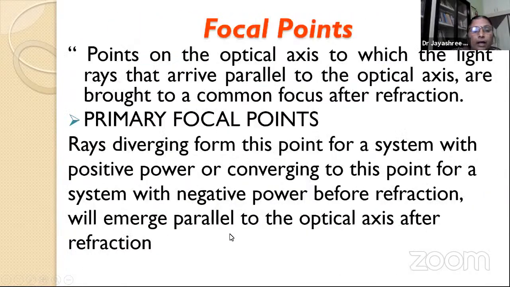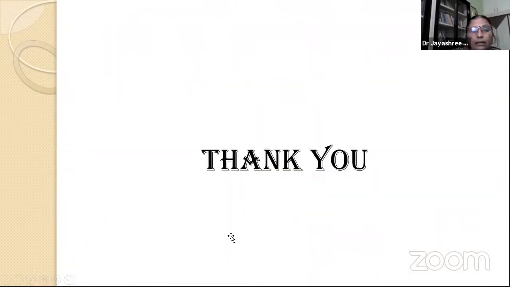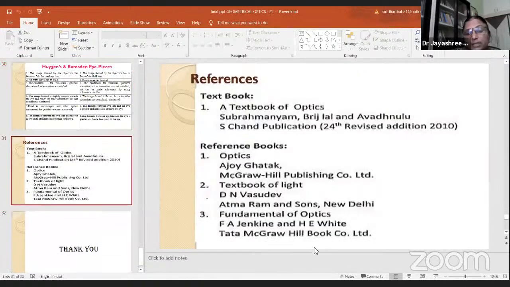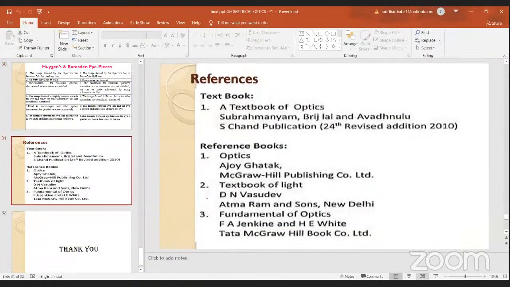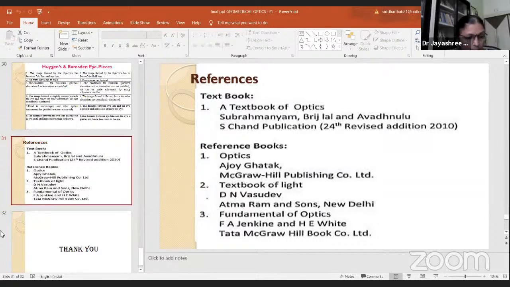I shall give you the idea about the same again in the same manner. What are the features of these eyepieces? In geometrical optics, there are the cardinal points, the set of principal points, the features of the focal points, and the nodal points.